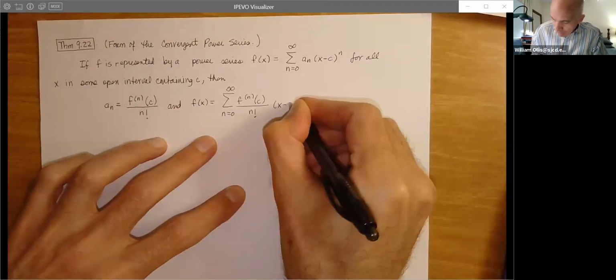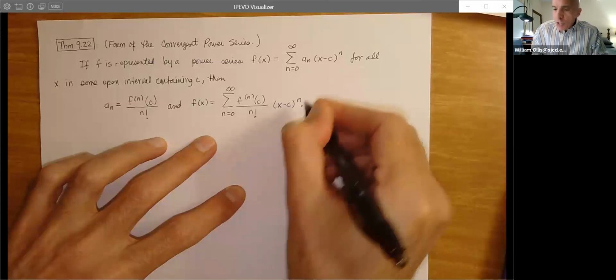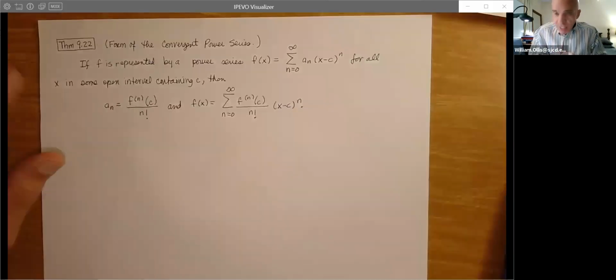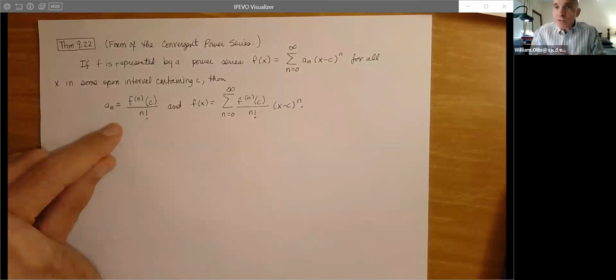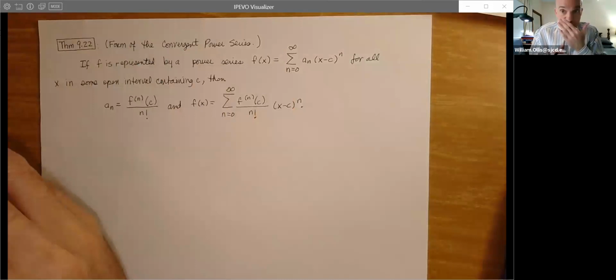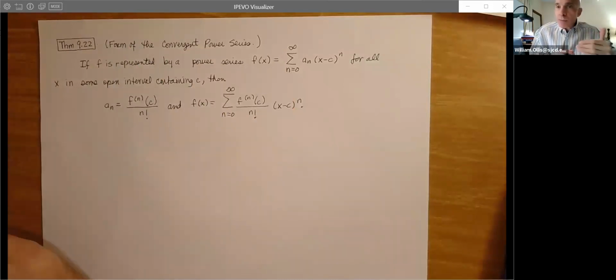Again, we already know this. We did the computation with the derivatives, setting them equal, and then evaluating at c. And one by one, we got a sub 0, a sub 1, a sub 2, a sub 3.